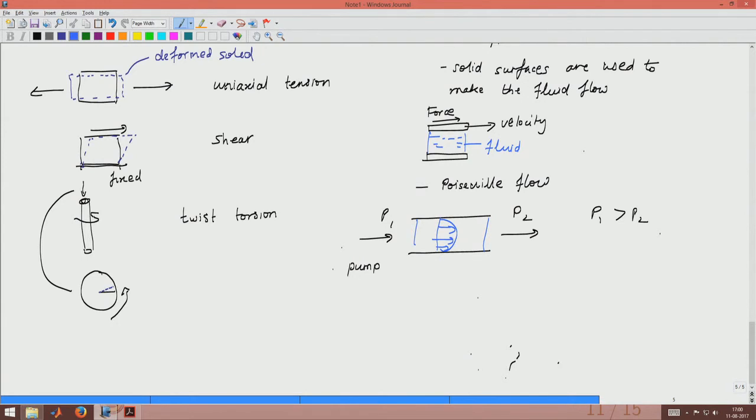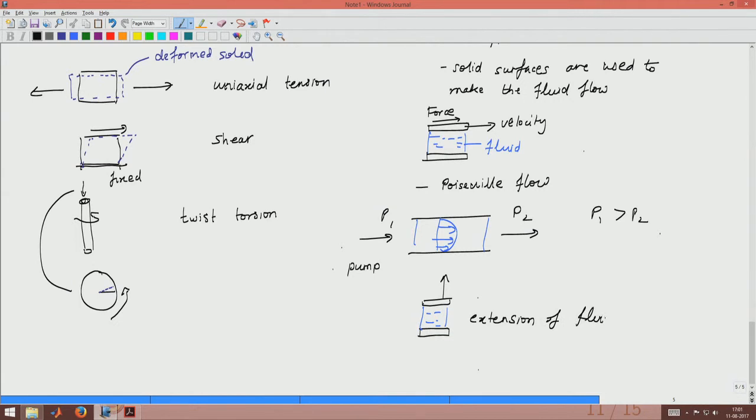In both of these cases the fluid is getting deformed, and the other example that we saw when we were discussing the unusual flow phenomena was also the fact that I can take the fluid between two plates and move the top plate with a certain velocity, then again I will have extension of the fluid element.